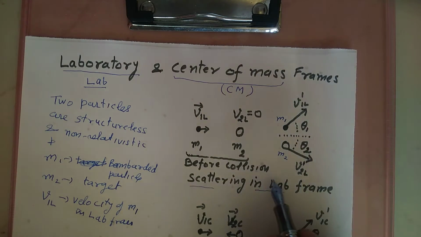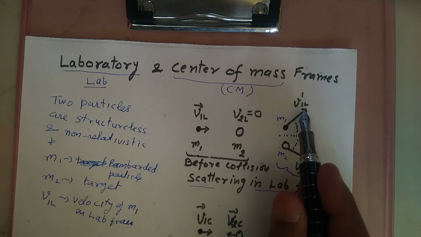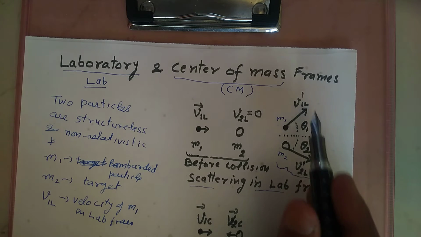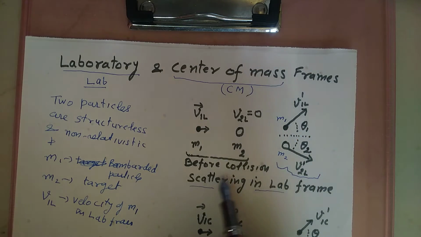This is the picture after collision. So after collision the velocity is v1l dash, and the velocity of the target particle is v2l prime or dash. Okay, so this is the representation of the scattering in the lab frame.